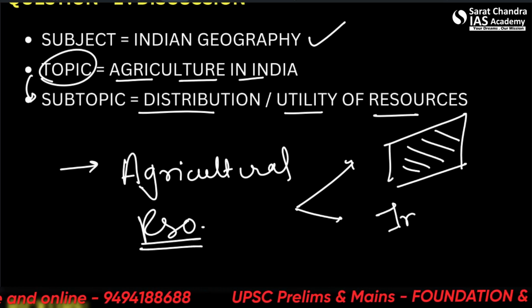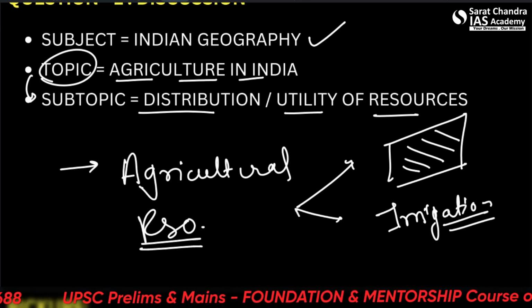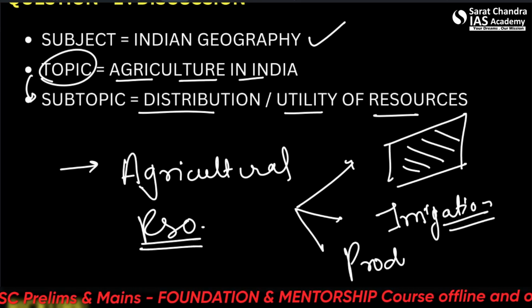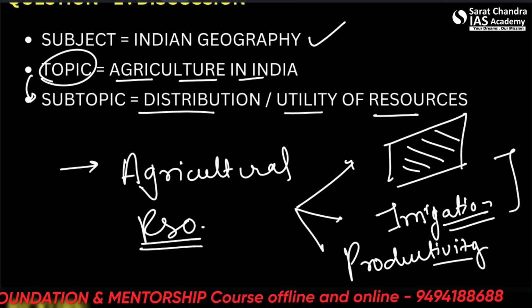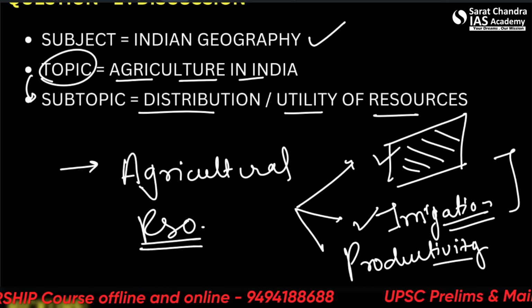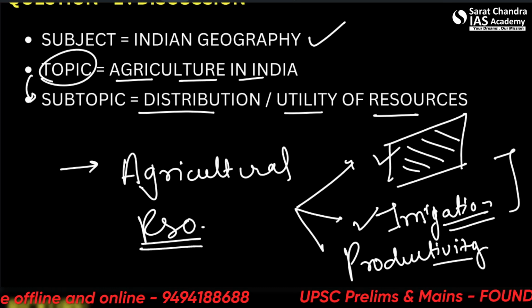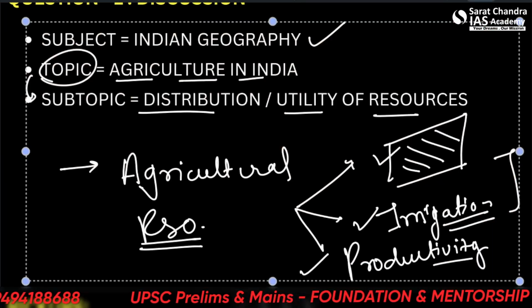Then it talks about irrigation, which is an input factor, and then it talks about the productivity. So these are the three things that make agriculture possible. You have to have the field or ground for it, you have to have the irrigation for it, and then the productivity, which is the output. So it talks about both input and output.